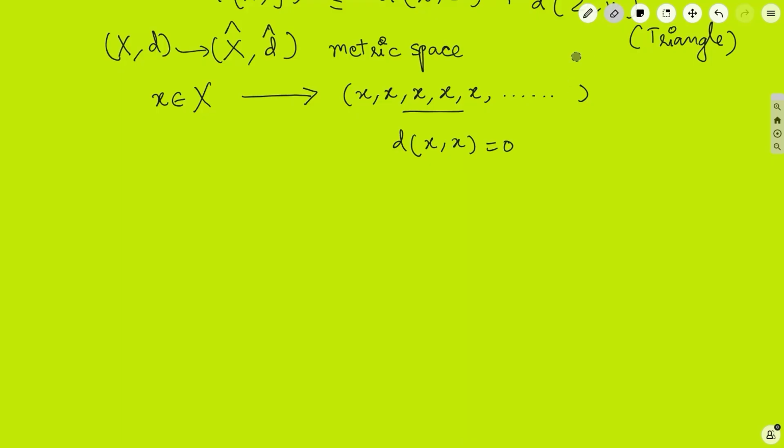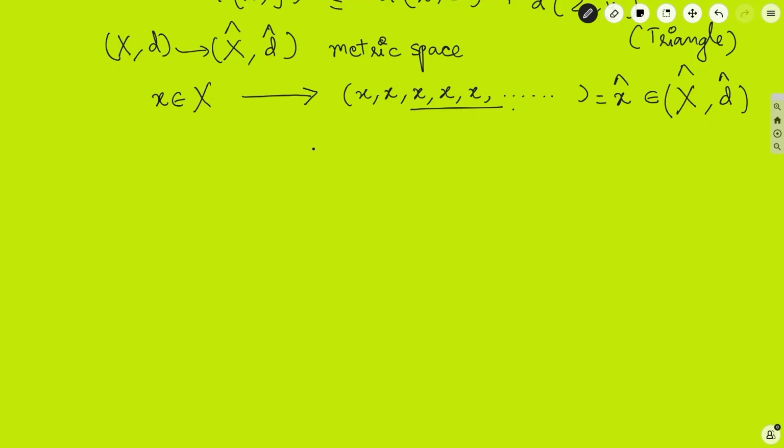You can write this as x hat, to represent the equivalence class containing this particular sequence. And so this belongs to the space with the d hat metric.